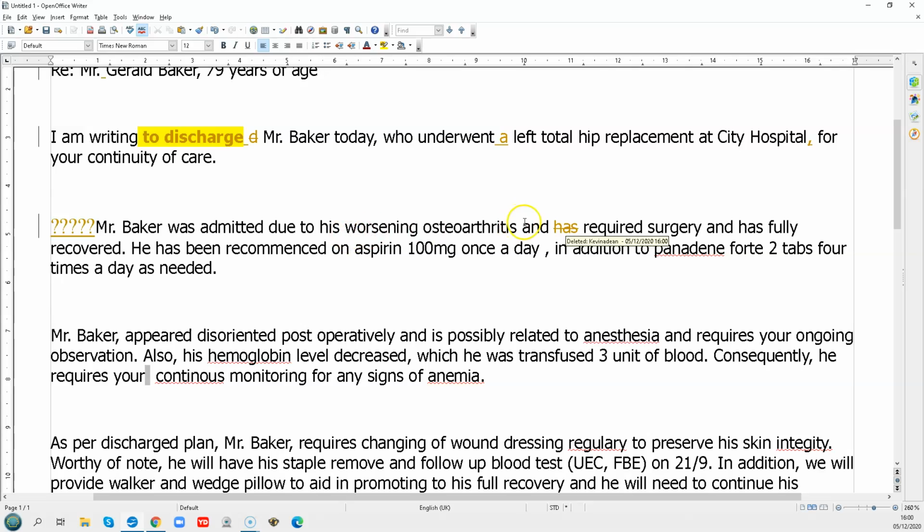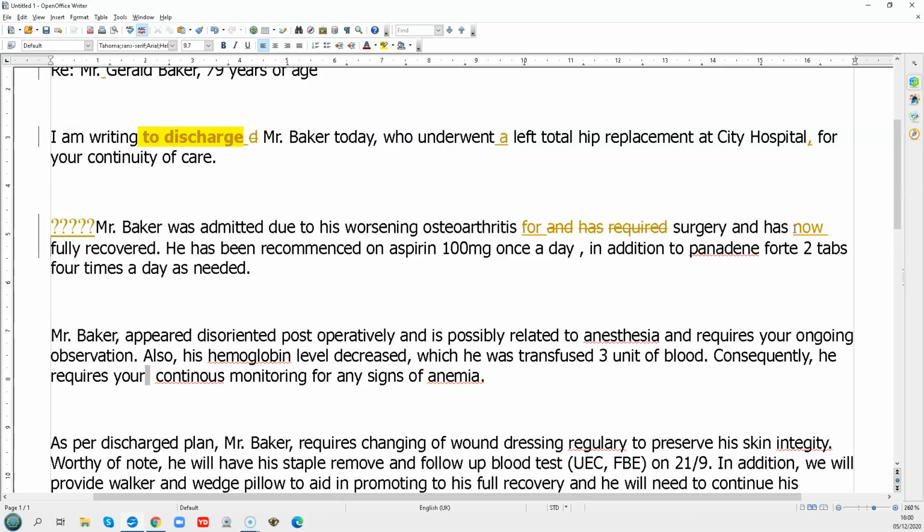Who was readmitted due to his worsening osteoarthritis for surgery. Okay. And has now fully recovered.